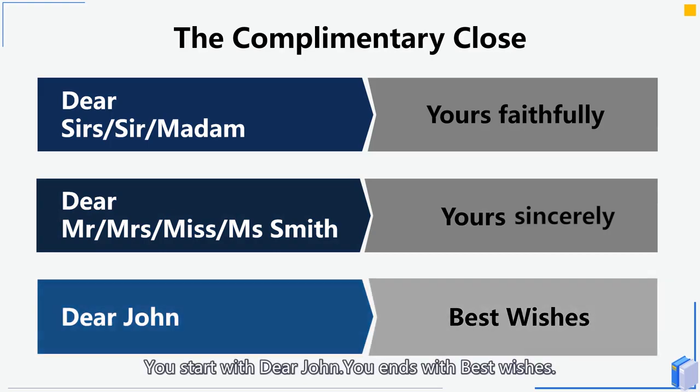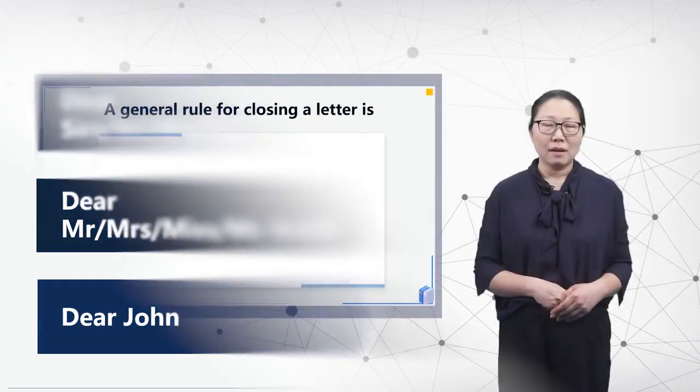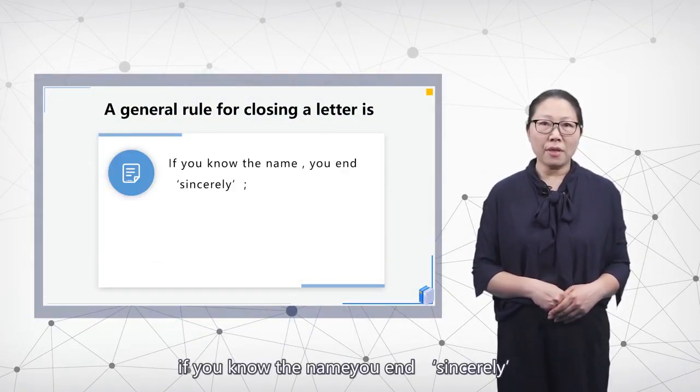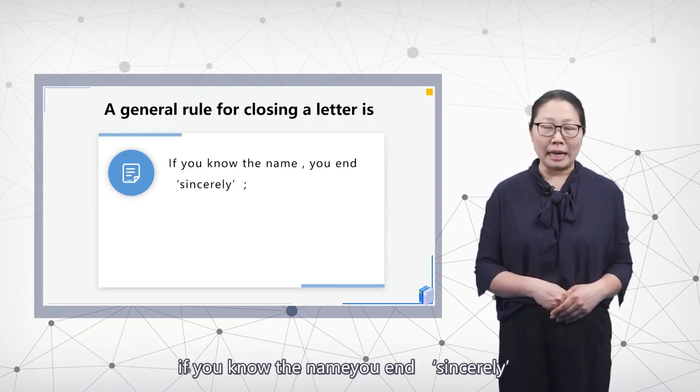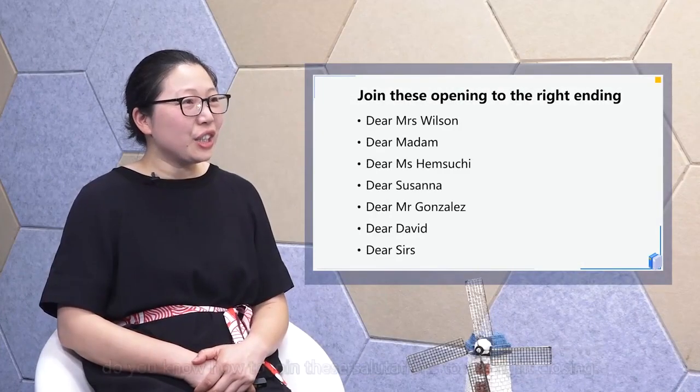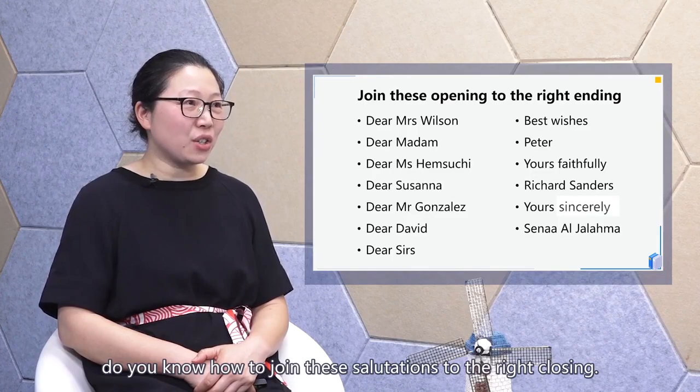You start with Dear John, you end with Best wishes. A general rule for closing a letter is, if you know the name, you end sincerely. If you do not know the name, you end faithfully. Now, Stella, do you know how to join these salutations to the right closing?